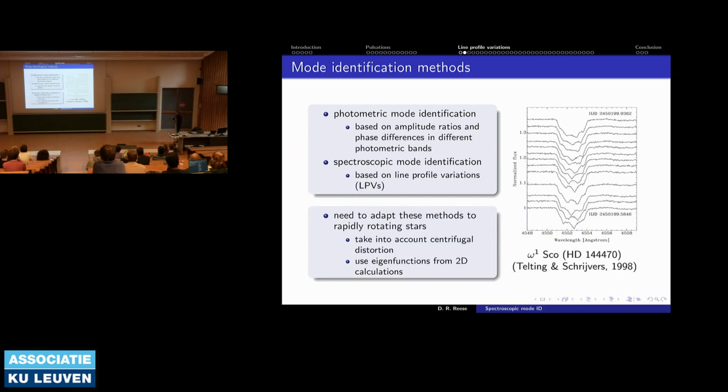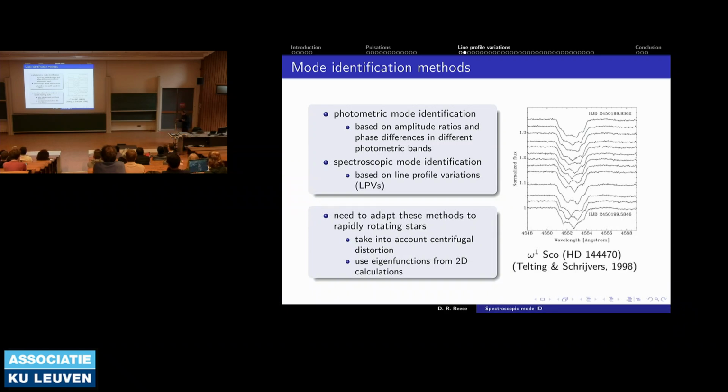Spectroscopic mode identification, on the other hand, will depend on the mode amplitude. However, it also has its own advantages: it provides much richer information on the geometry of the pulsation mode. Of course, if you can use both, that's even better. All right. So these methods have been developed quite a bit for slowly rotating stars, but they need to be adapted to rapidly rotating stars.